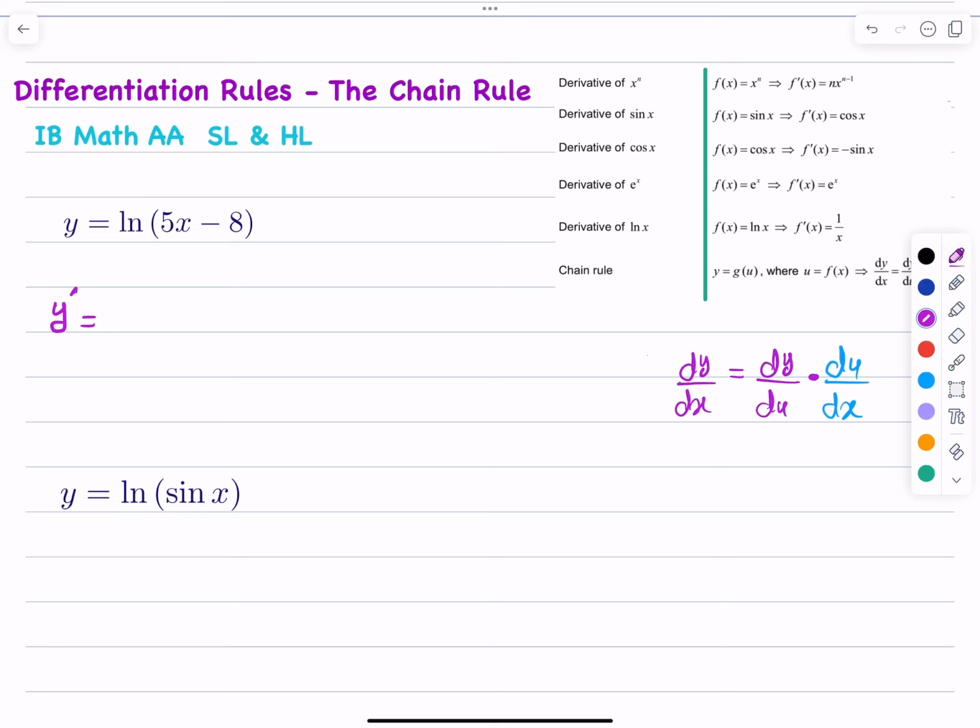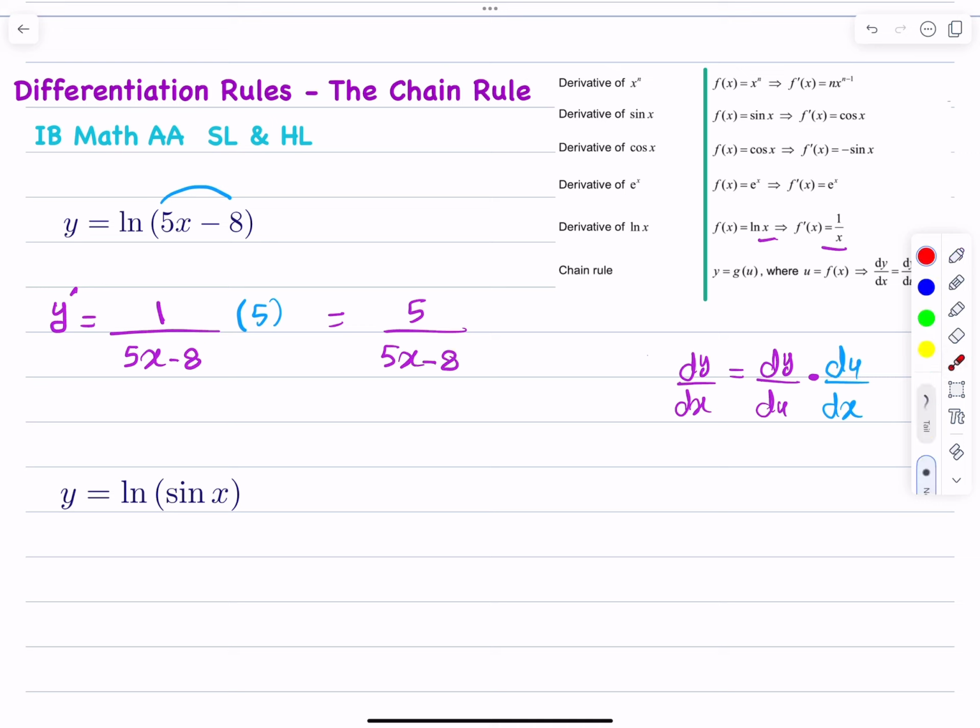So the derivative will be 1 over the inside, 5x minus 8. But after that, as always, we multiply by the derivative of the inner function. The derivative here of 5x minus 8 would be only 5. So now we can multiply 5 by 1, so we have 5 divided by 5x minus 8.